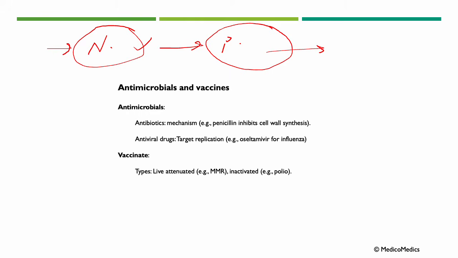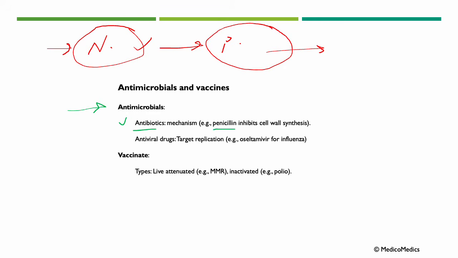microorganisms. Now, to combat these diseases caused by, for example, viruses or fungi or bacteria, we have antimicrobials. For example, we have antibiotics. And antibiotics work by targeting bacterial mechanisms, for example, cell wall synthesis.